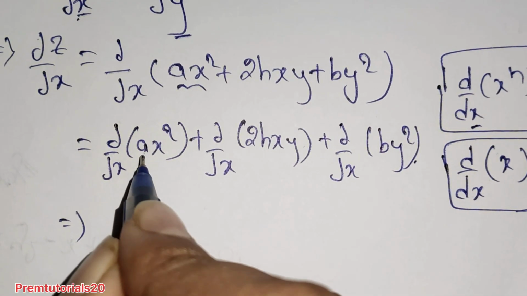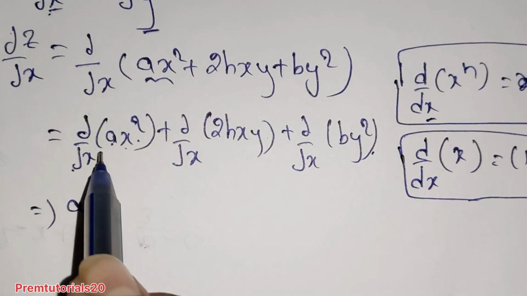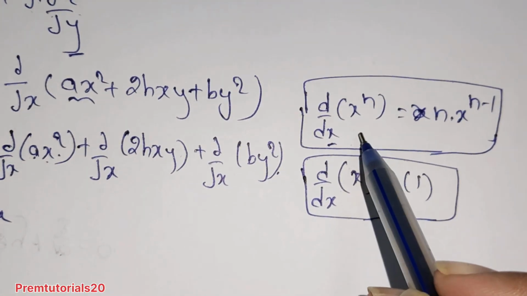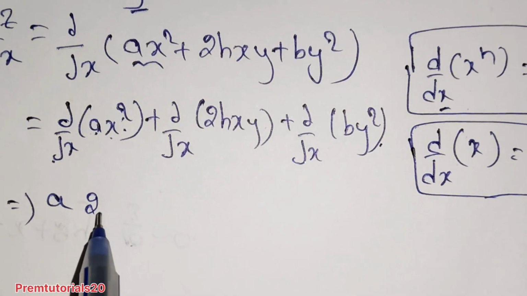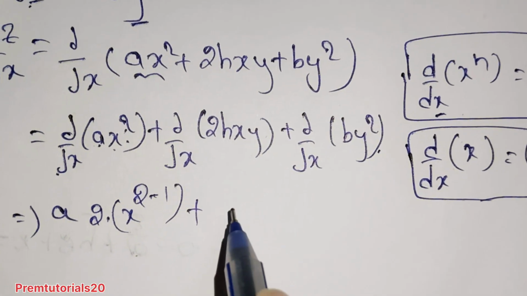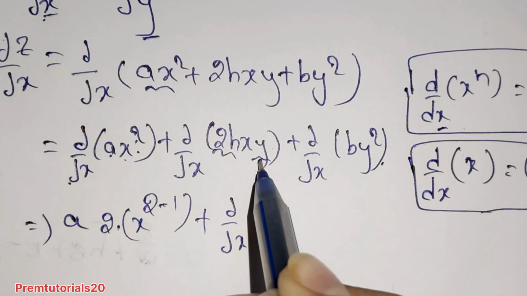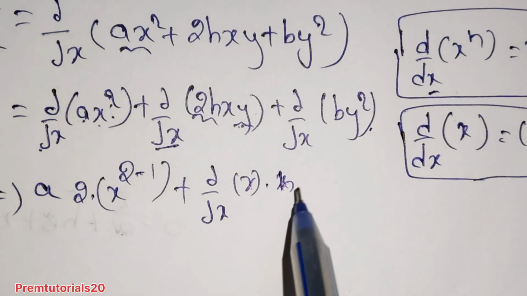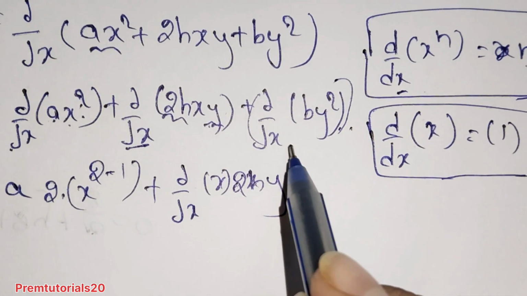Now a is a constant, so it is written in front of the expression. ∂/∂x of x², that means differentiation of xⁿ with respect to x equals n xⁿ⁻¹. In place of n we have 2 here, so 2x²⁻¹, plus ∂/∂x of 2hxy, where these three are constants because we differentiate with respect to x, so it is 2hy times the derivative of x, plus differentiation with respect to x of the last term.